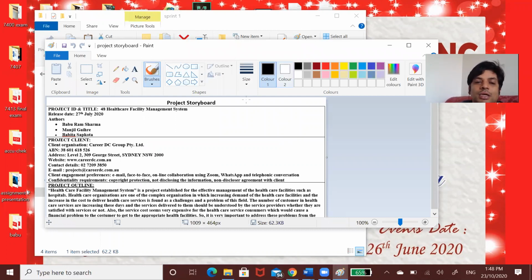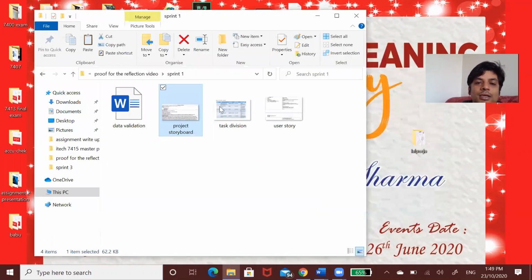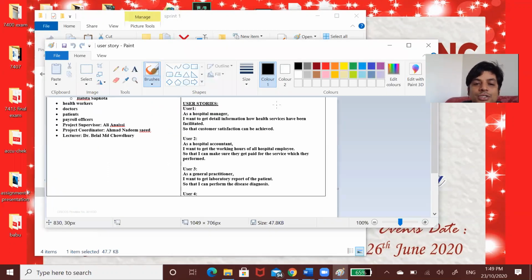This is the evidence of the storyboard that we did, and these are the user stories.